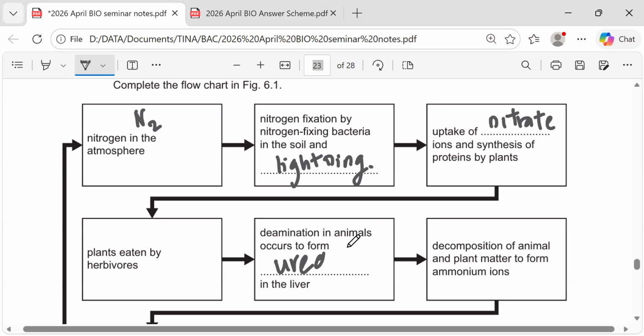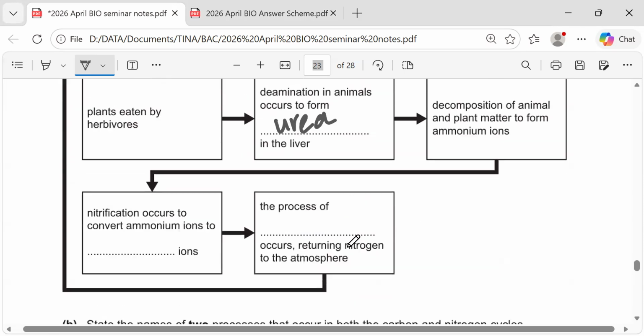Decomposition of animal and plant matter forms ammonium ions. Nitrification occurs to convert ammonium ions to nitrates. The process of denitrification. Sorry, I was looking at urea up here. Denitrification. What's that?